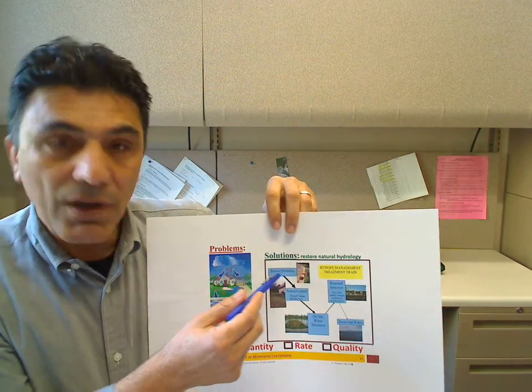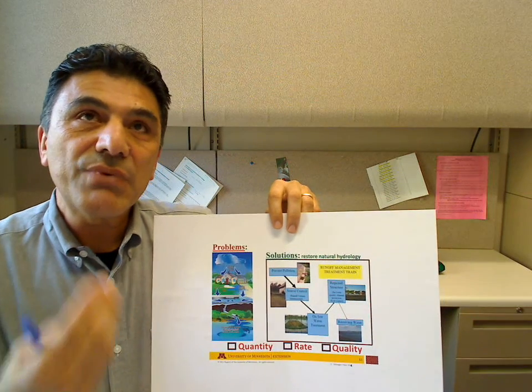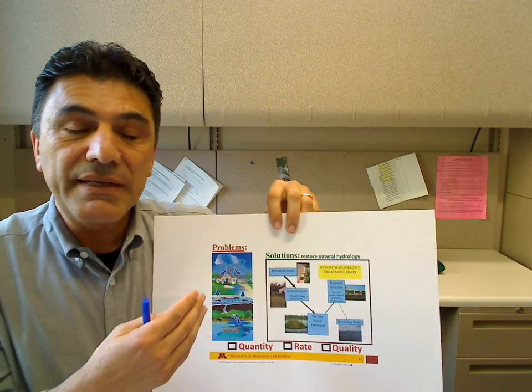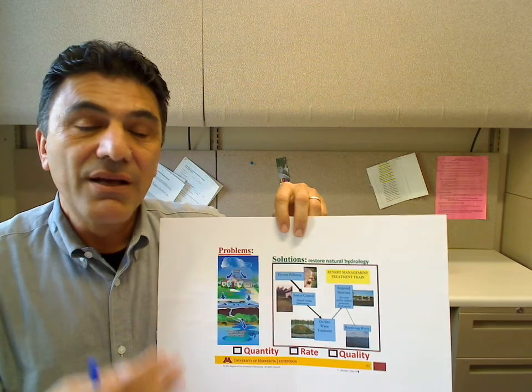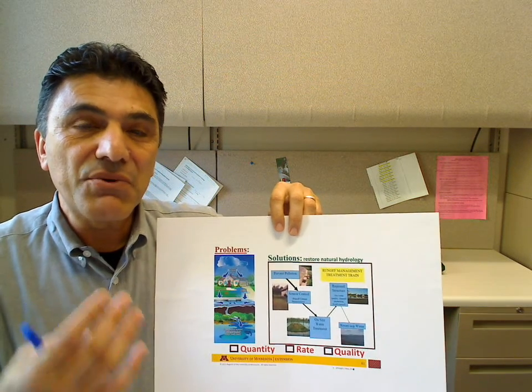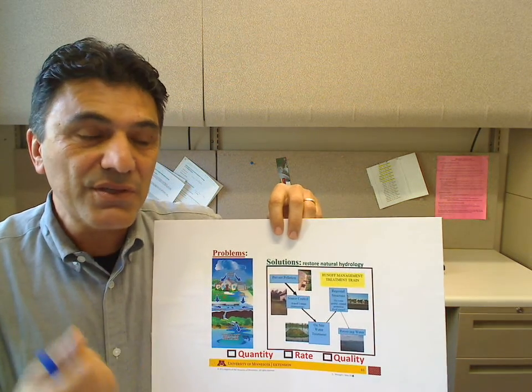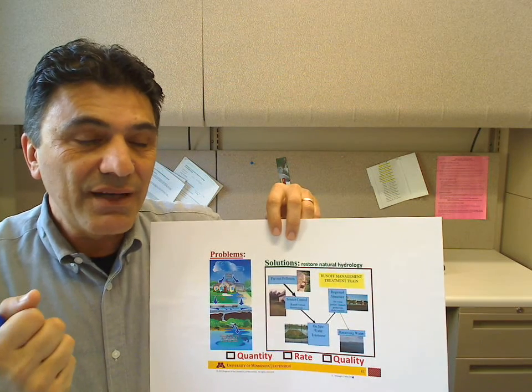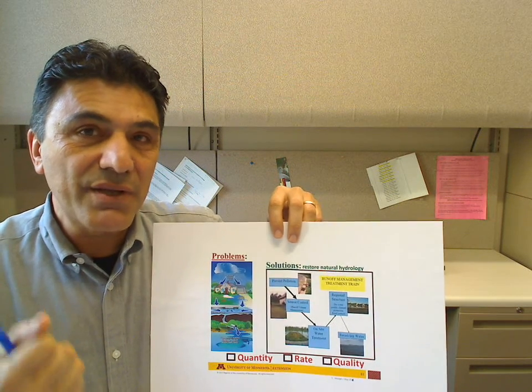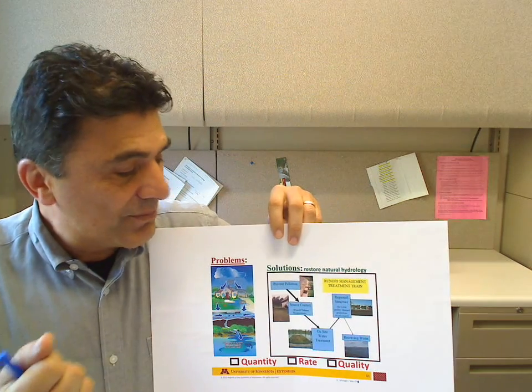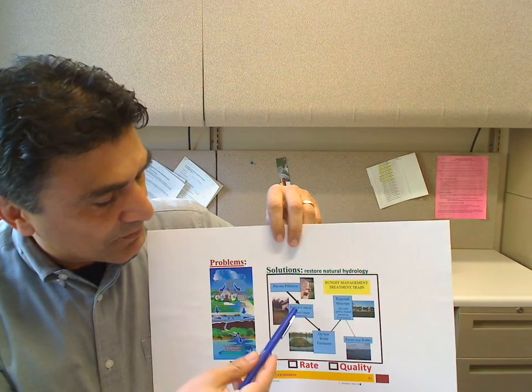First of all, if we can do any practices that would minimize or eliminate the stormwater runoff, that is pollution prevention. If we can prevent the problems from happening in the first place, that's really the best strategy. That's where we get the best return on our investment.